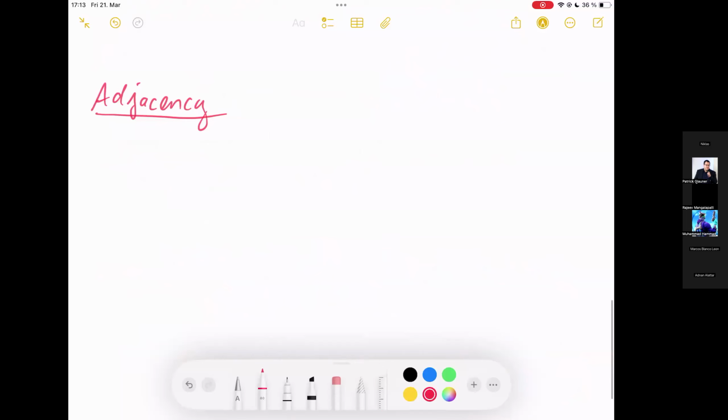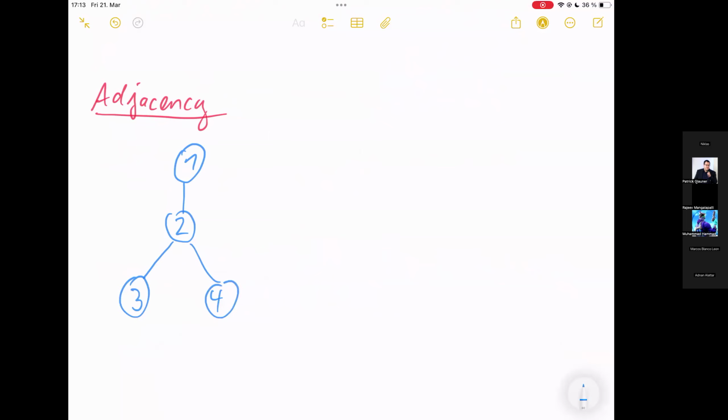But we also can define a so-called adjacency matrix. And I'll show you how this works. So we have a sample graph. We have our vertices 1, 2, 3, and 4.